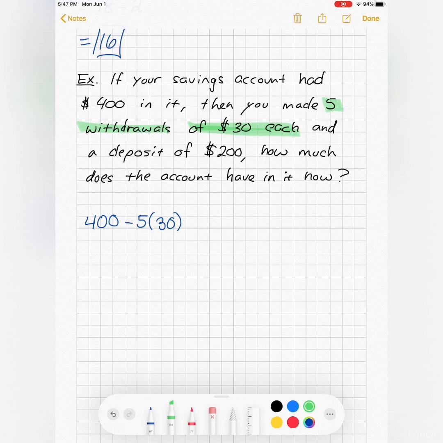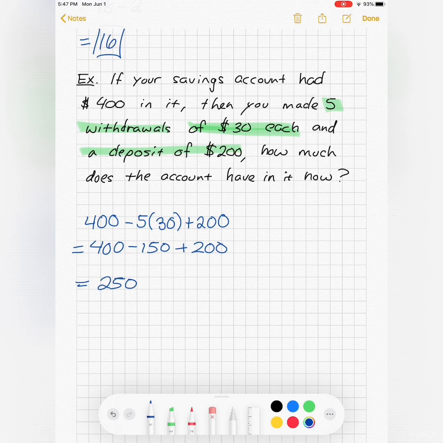Then you made a deposit of $200. So you added $200. Okay, so how much do you have now? Well, I have to do this multiplication before my subtraction. Is that 150? Then I just work from left to right.